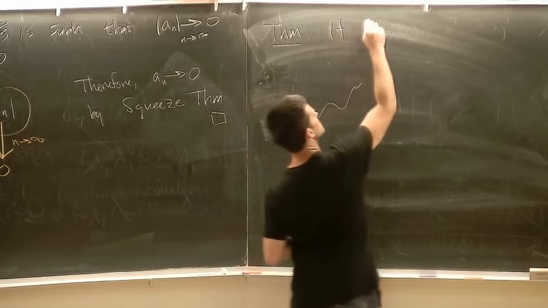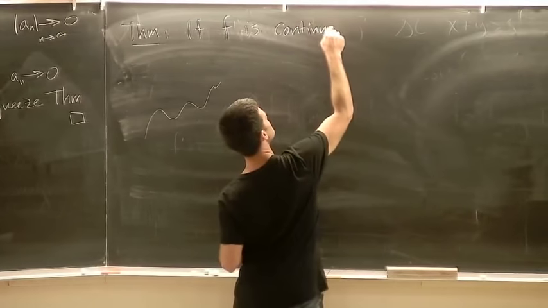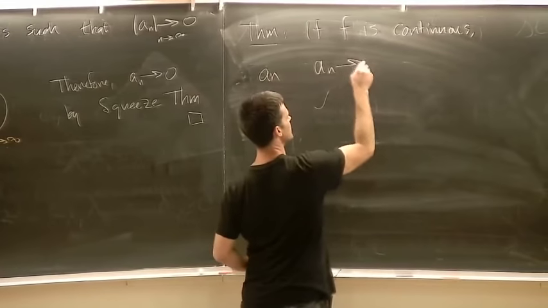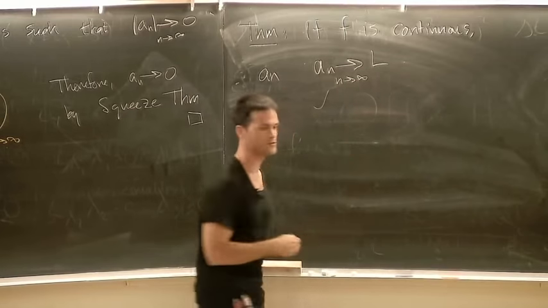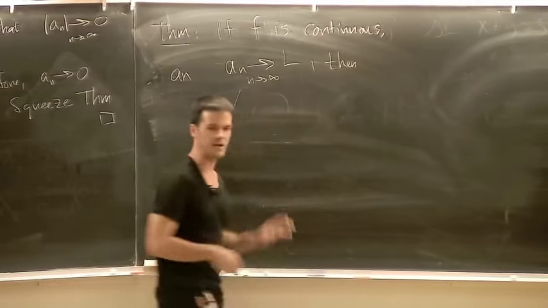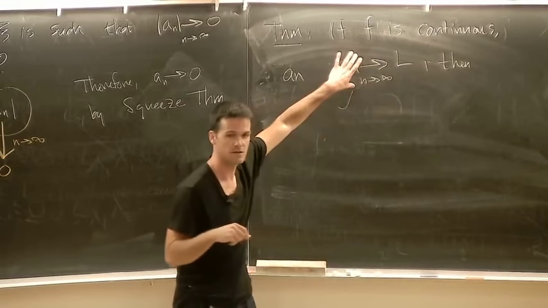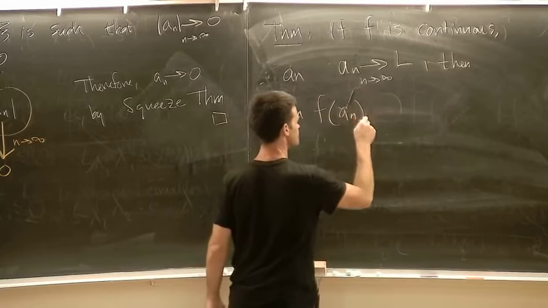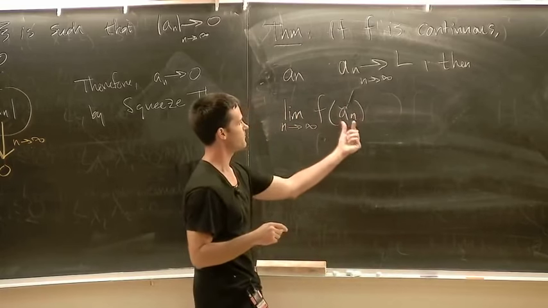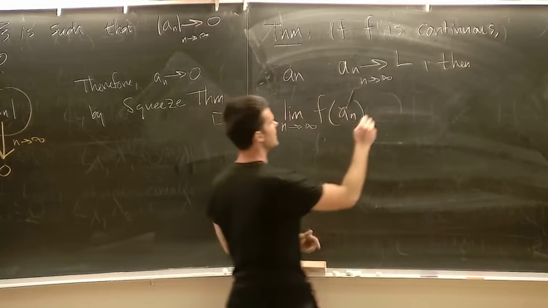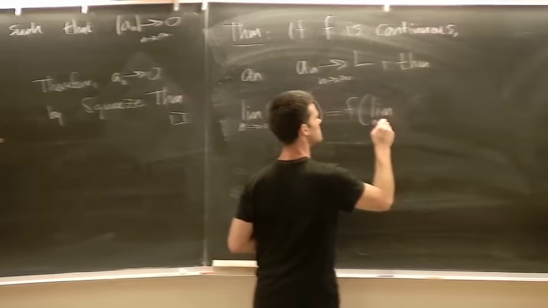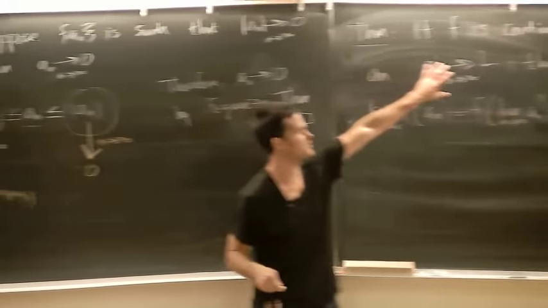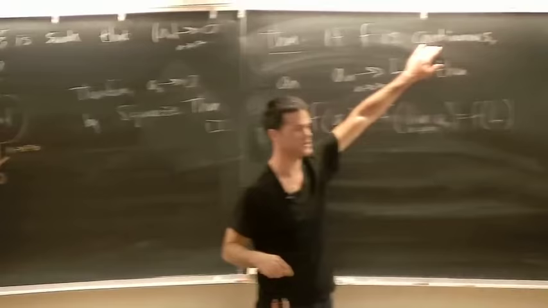So if f is continuous, and we have some sequence converging to some limit as n goes to infinity, then, and this follows right from the definition of continuous and of the limit of a sequence, if we take the limit of f of an, we can move the limit inside of the function.